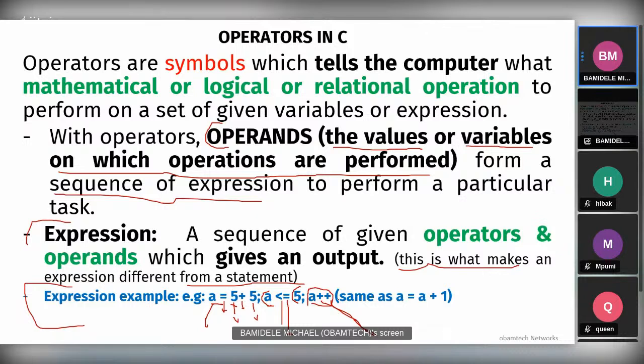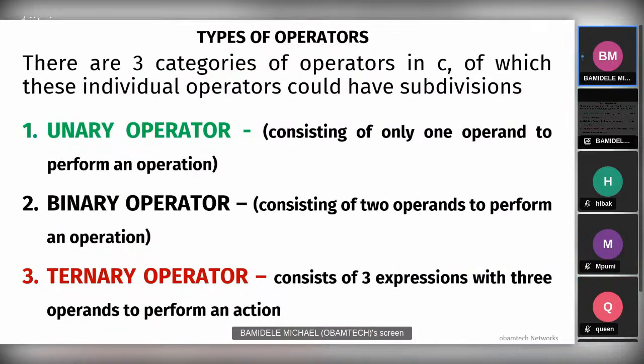So this is the increment operator, this is the operand A, and whatever result happens will affect A. This is the same thing as saying A equals A plus 1. So operators are known for affectation, that is, having an effect on a given set of operands.